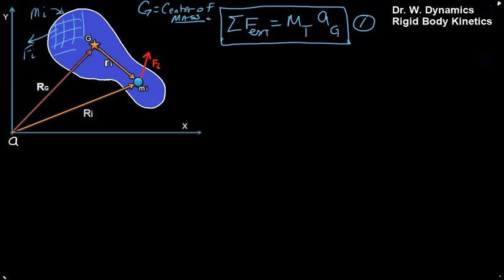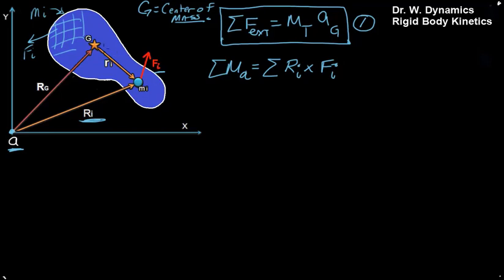The second family of equations come when we take the moments, and we have an arbitrary axis that we're observing this from called A. So the sum of the moments about A would be the sum of the ri cross Fi, where ri is the distance to the ith particle, and Fi is some force that acts on it.